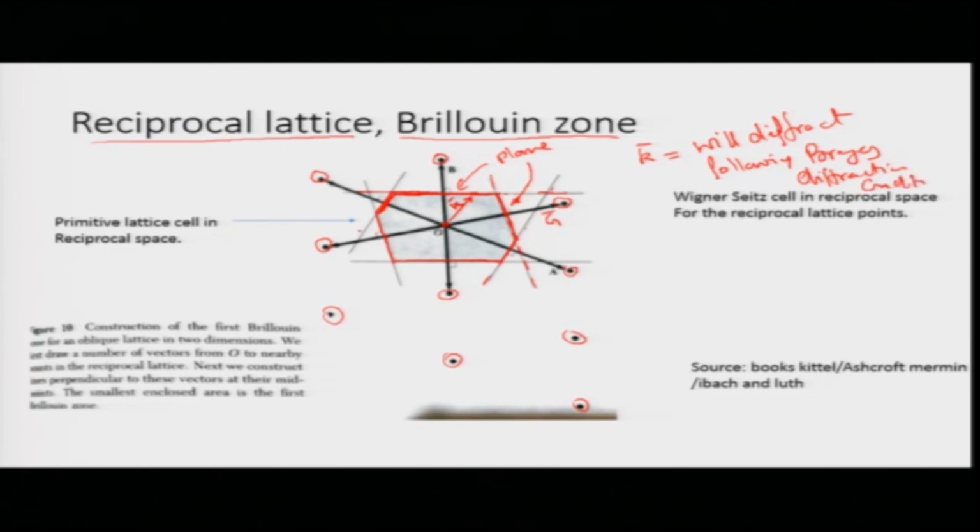So, this is the minimum set of planes which you can define through the Wigner-Seitz cell construction, which will define your first Brillouin zone.